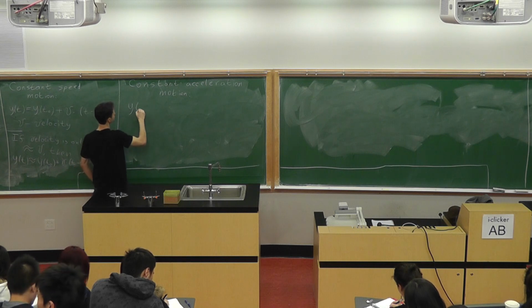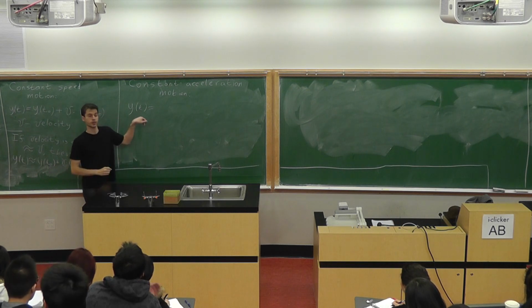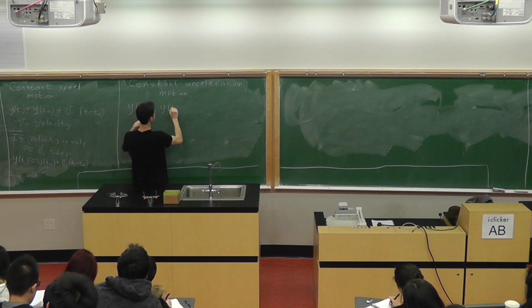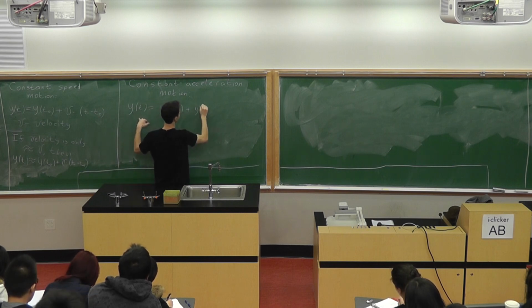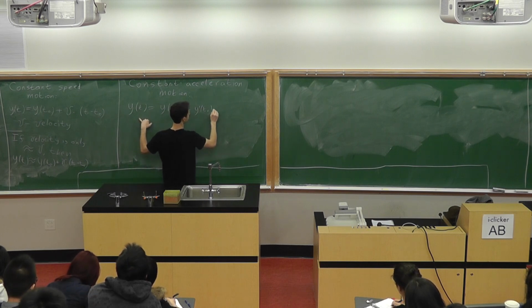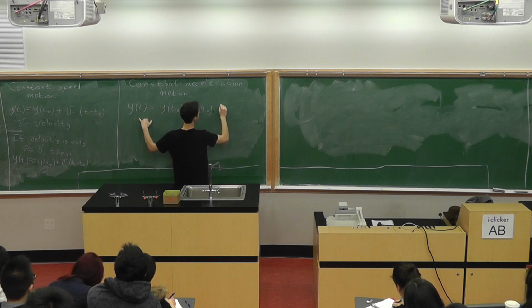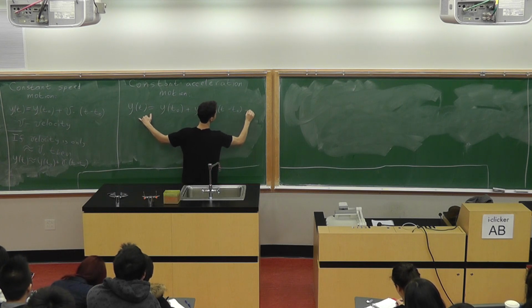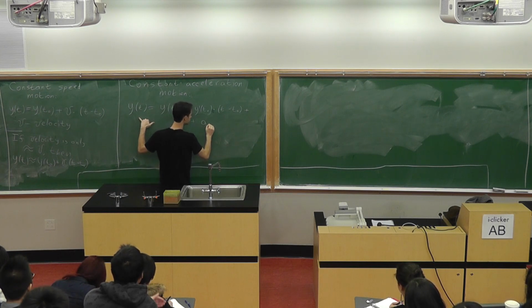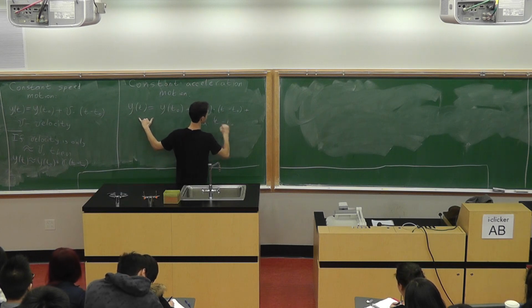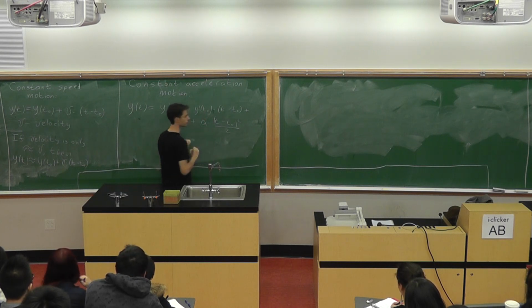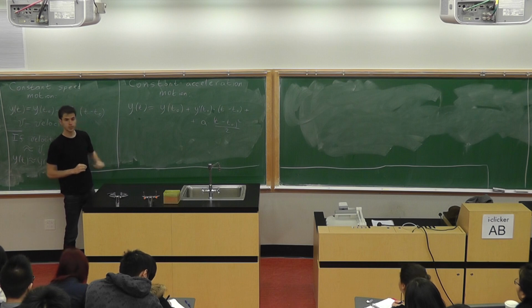Well, that's the answer. The position at time t is what it used to be at t naught, plus the velocity at t naught times t minus t naught, plus a times (t minus t naught) squared divided by 2.